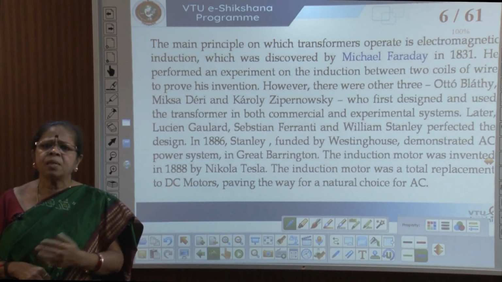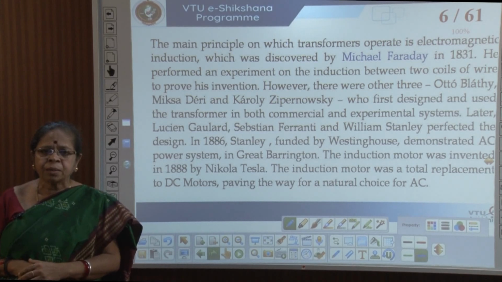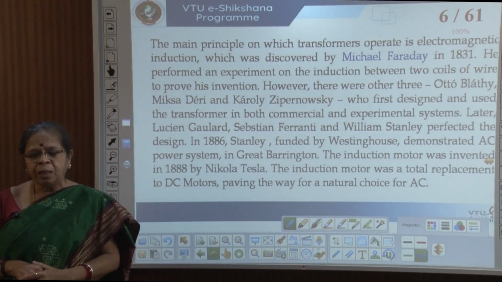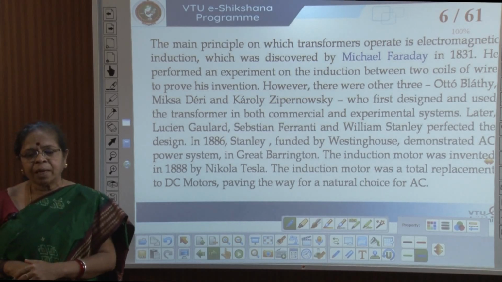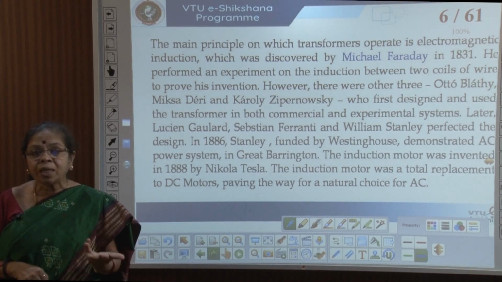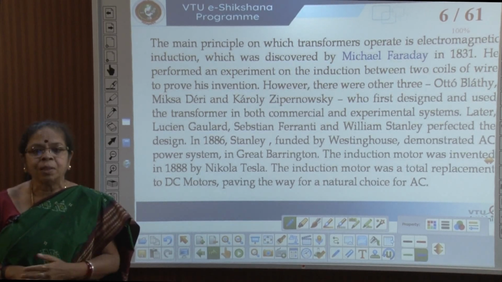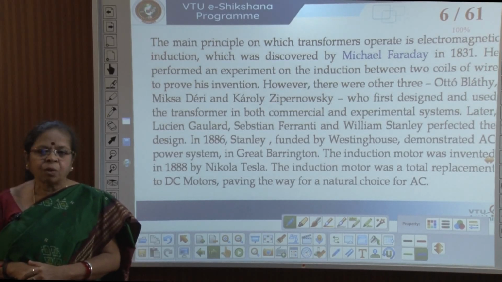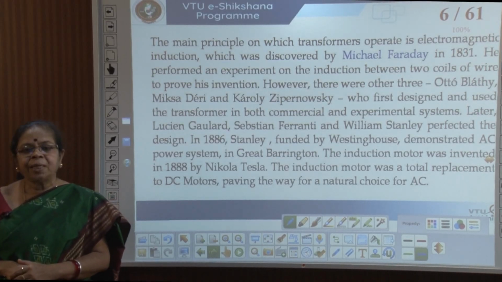There is no electrical connection between the two coils, so how did a current changing in one coil deflect a galvanometer connected to the other coil, which is placed at a distance and which is not even electrically coupled? So that led to the beautiful discovery of electromagnetic induction.